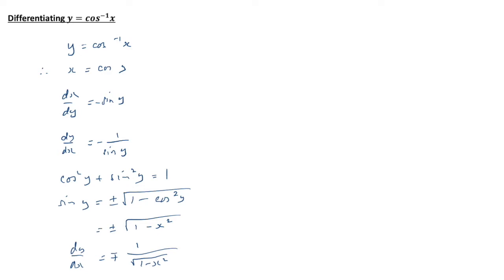And the reason for that inversion of that sign is that we had a minus 1 over sine y. So when you combine a minus with a plus or minus, it becomes a minus or plus. So that's minus or plus 1 over root 1 minus x squared. And again, we need to have a look at the graph.